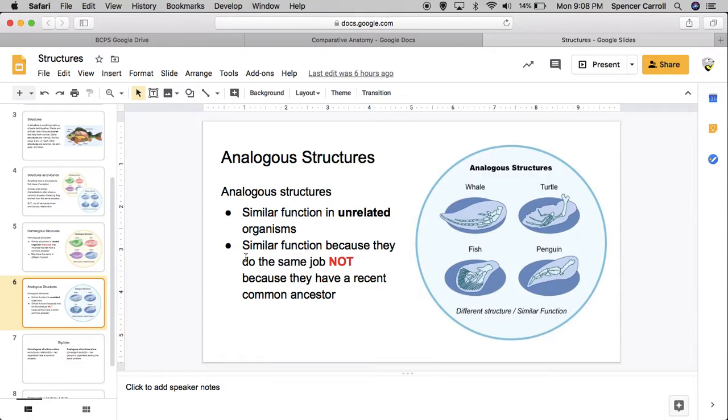A dragonfly flies, a butterfly flies, a bird and a bat fly. However, insects and birds and bats have very different common ancestors. So even though those structures of the wings are similar, it's not because they have a common ancestor, it's because they evolved to do the same job. Now that's really important as we go through these notes.